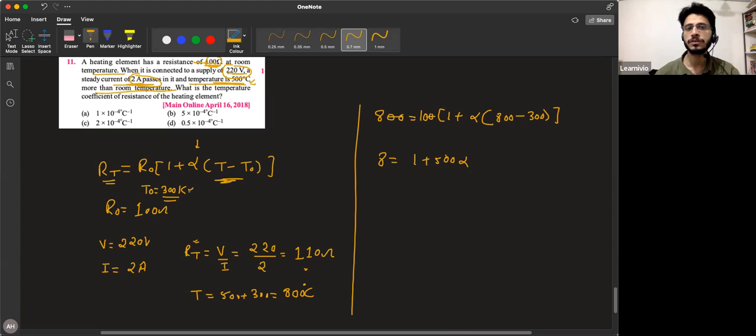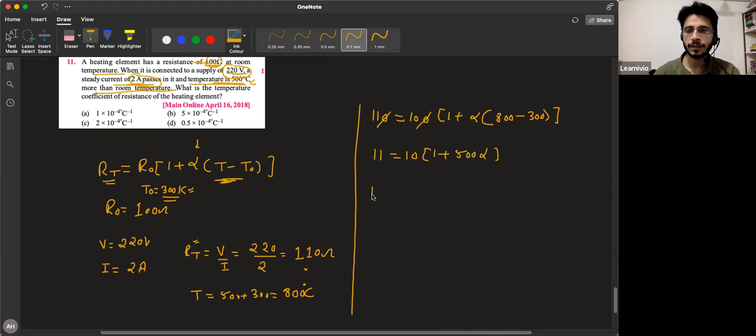We've written RT equals R naught 1 plus alpha into T minus T naught. Oh, I'm sorry, that's fine. Yes, RT is 110 and R naught is 100. So you have 110 equals 100 times 1 plus alpha into 500.